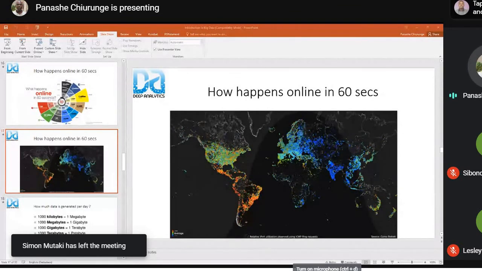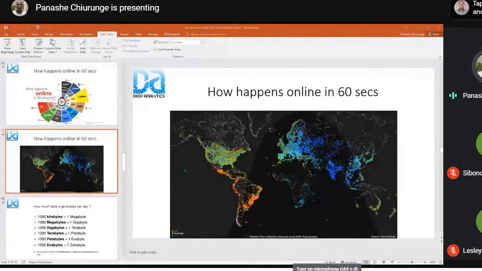Then if we look at that from an African perspective, we come to Zimbabwe. If we look at the Zimbabwe Stock Exchange, the number one performing counters, we've got Old Mutual. Old Mutual generates a lot of data, right?